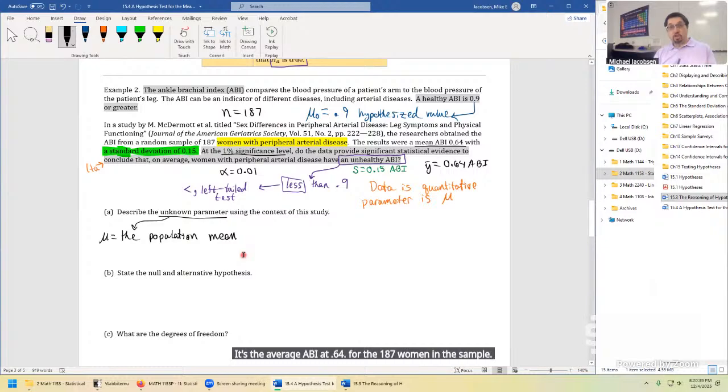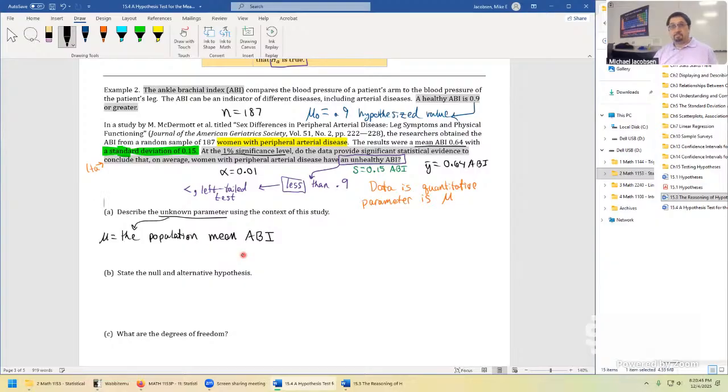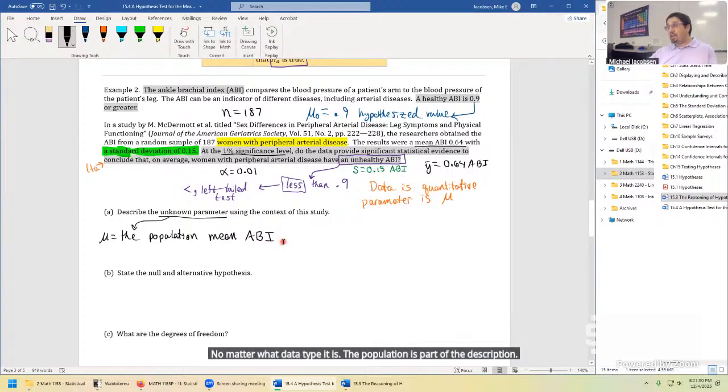That means mu, our parameter, is the population mean ABI. But that's not good enough. This is just the data. We also have to mention the population as well. Whenever you wrote out those parameters, no matter what data type it is, the population is part of the description. This isn't the mean ABI for all people. It's not even the mean ABI of all women.